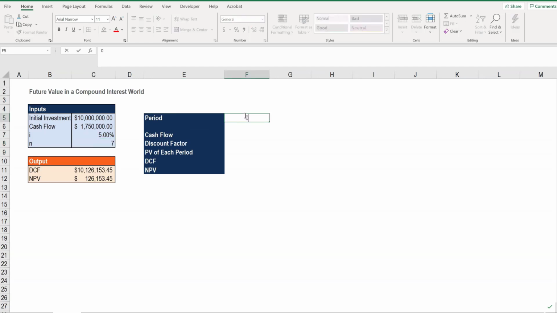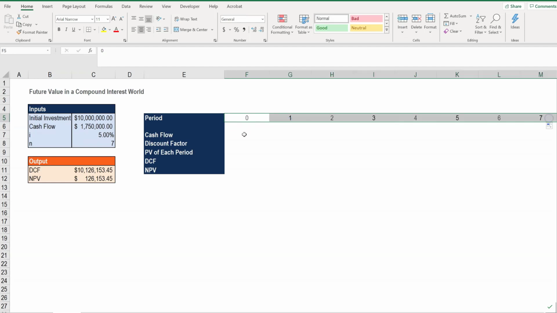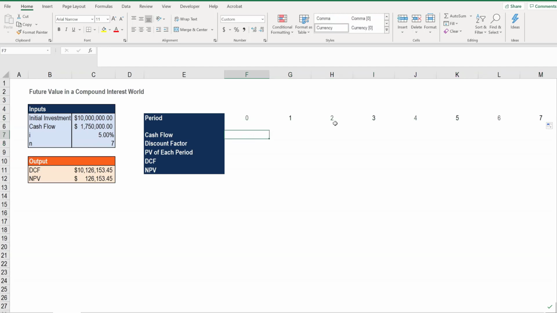To model out the cash flows, we would do this on Excel. The cash flow at time zero is expected to be the minus value of the initial investment, and the cash flow starting in year one will be the positive amount of the cash flows.